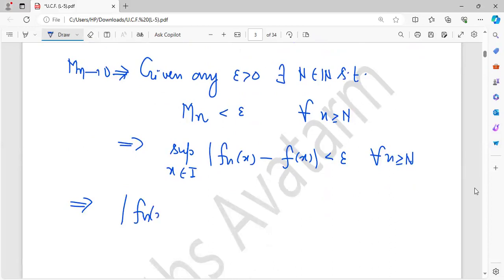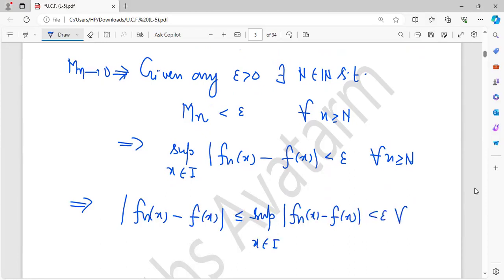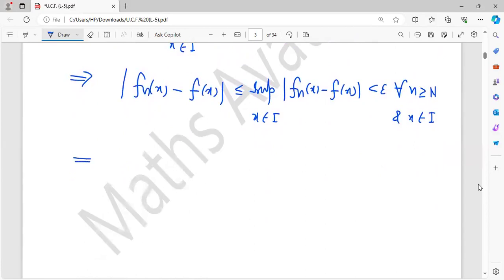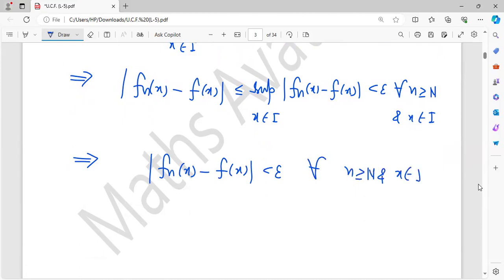So |Fn(x) minus F(x)| is less than epsilon for all n greater than or equal to N and x belongs to I. What is the meaning of this statement?